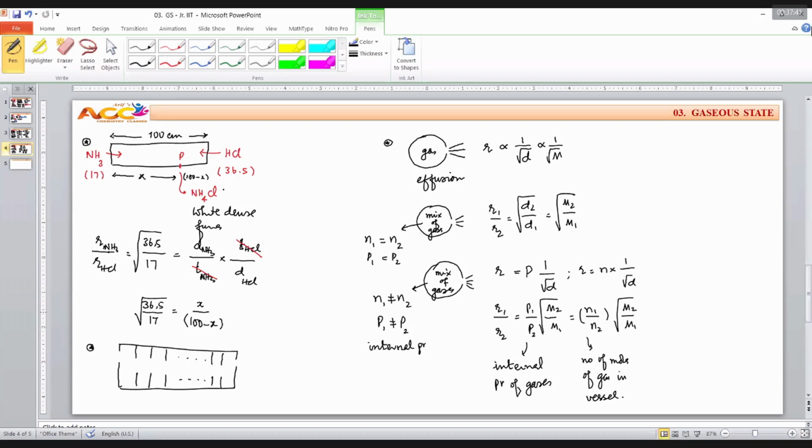Suppose one office boy came inside from here and he has a jar containing laughing gas, nitrous oxide. And another office boy is allowed to come from here and he has tear gas in a jar. When they came inside, simultaneously they opened the jar, right?